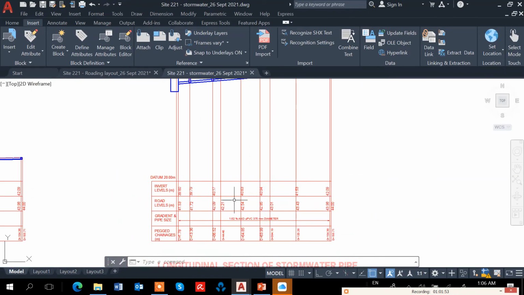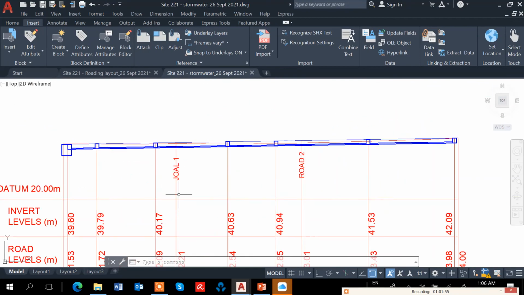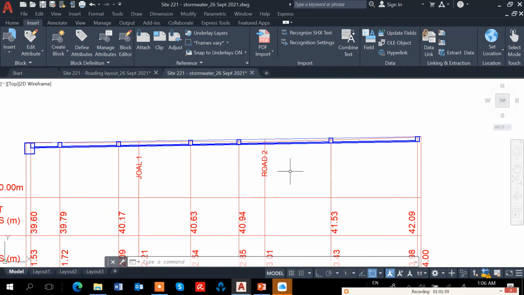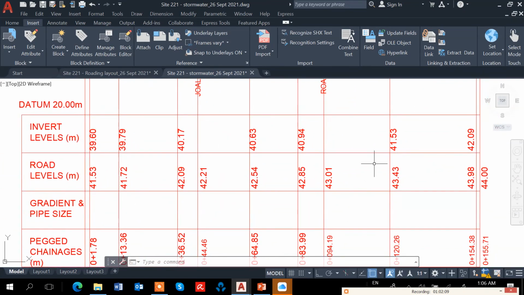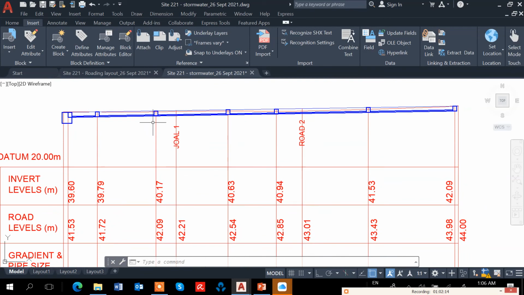Okay, so actually I do the long section in 1 in 1000, horizontally and vertically. I put in the road level first, and then later on put in the pipe level.